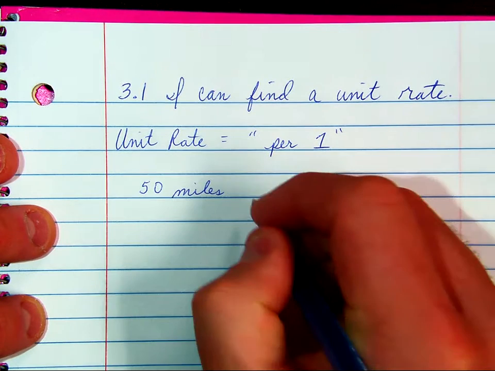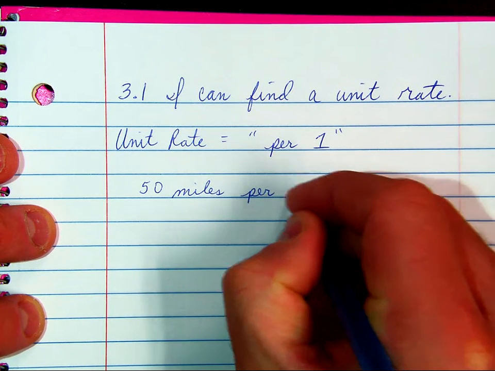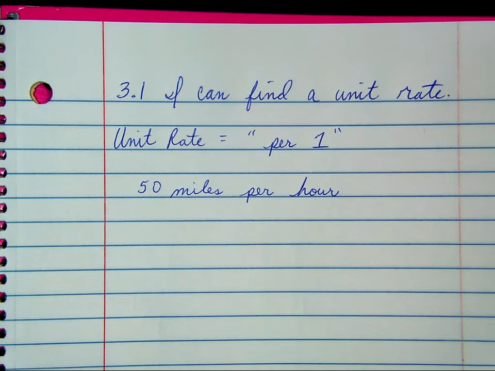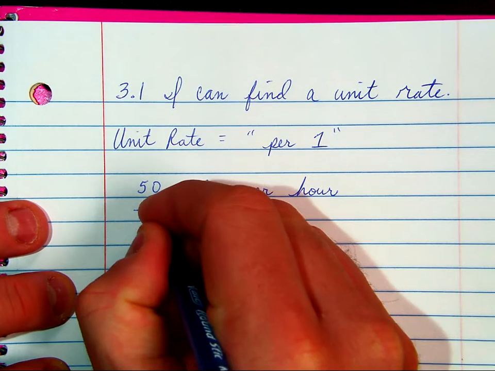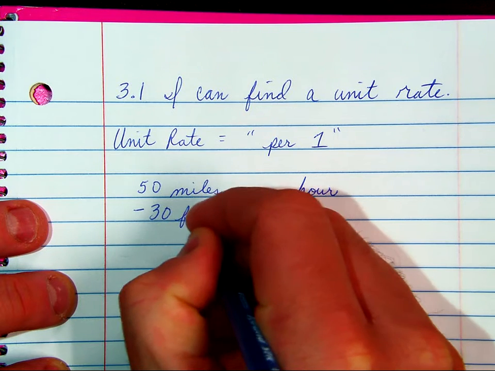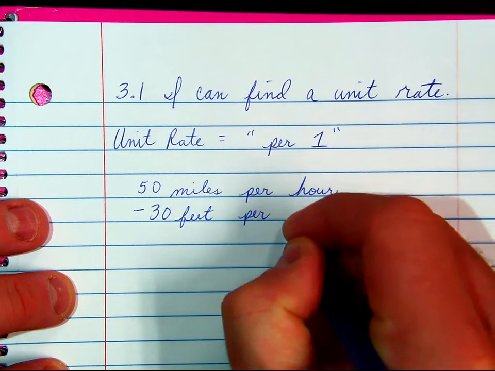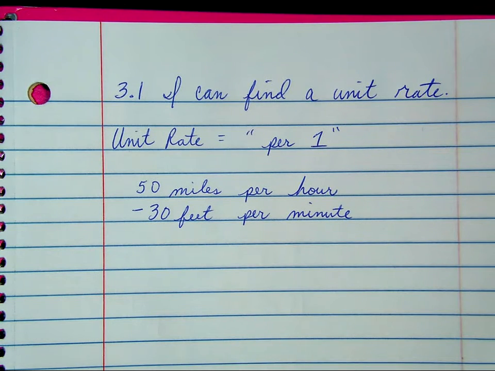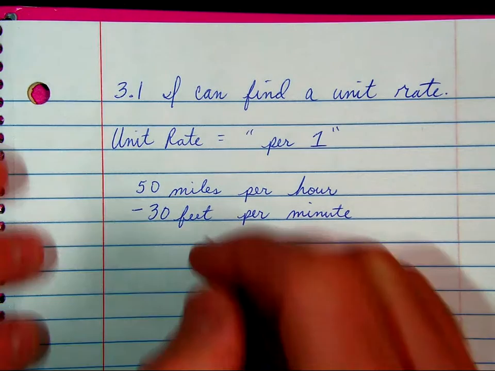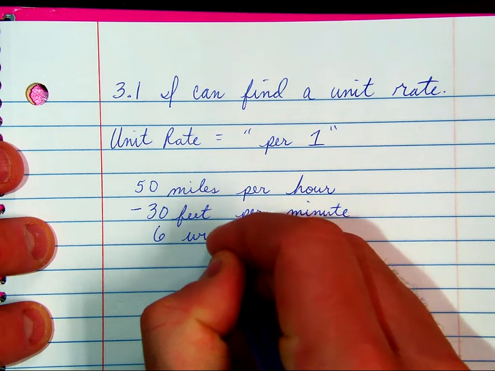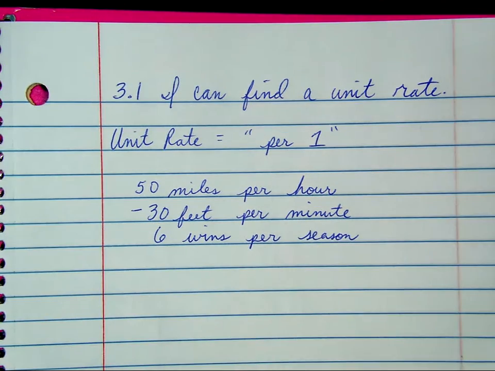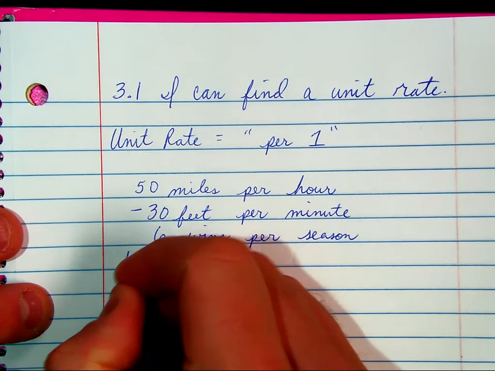50 miles per hour. Negative 30 feet per minute. Six wins per season. $12.